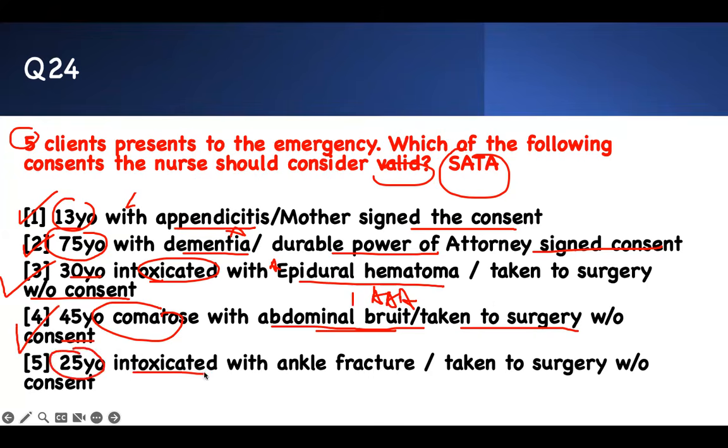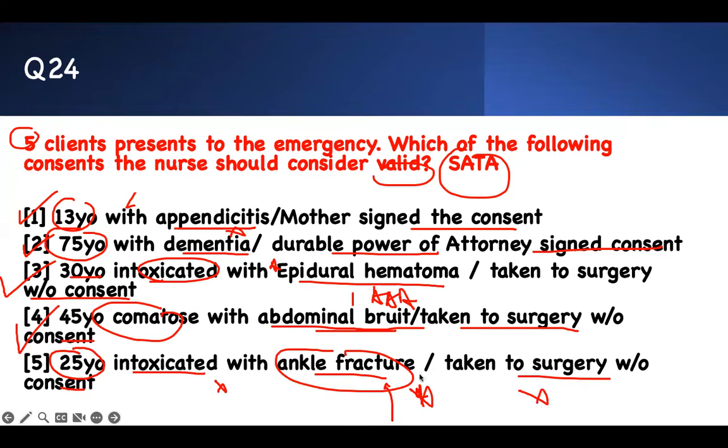A 25-year-old intoxicated with ankle fracture, taken to surgery without consent. This was a trap. We have to call and see if we can find family. This ankle fracture is not going to kill them. It's not something that will kill them, so we have the opportunity to call. I have to ask the doctor, hey, this is an ankle fracture.